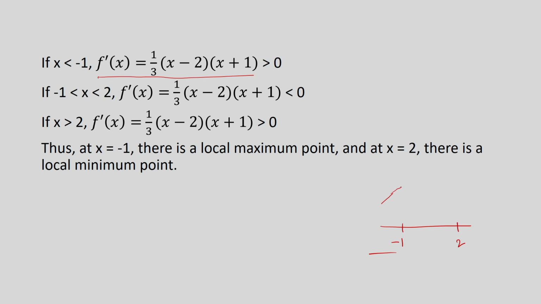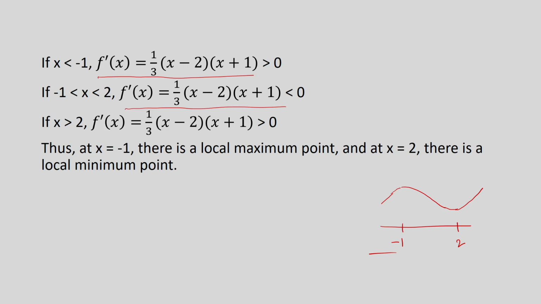Here obviously, it is a stationary point, so the derivative is 0. Between minus 1 and plus 2, f dash of x is less than 0, so it is declining, and at 2 we know it is a stationary point. To the right of x equal to 2, f dash of x is greater than 0. So, something like this.